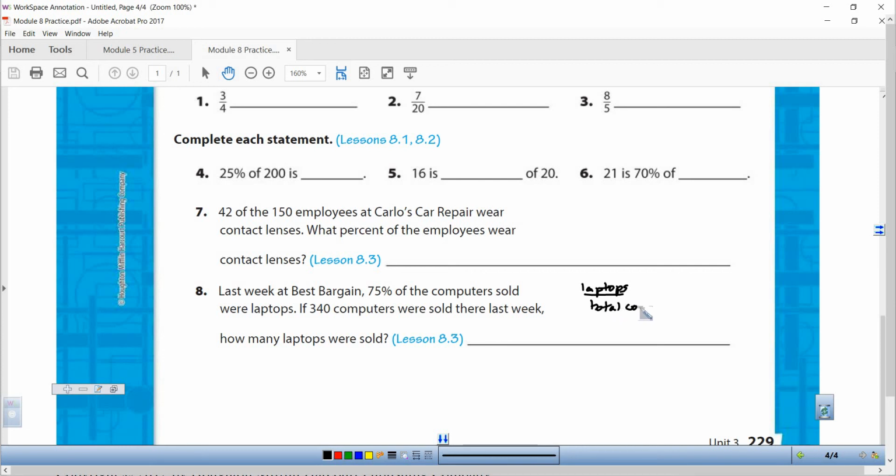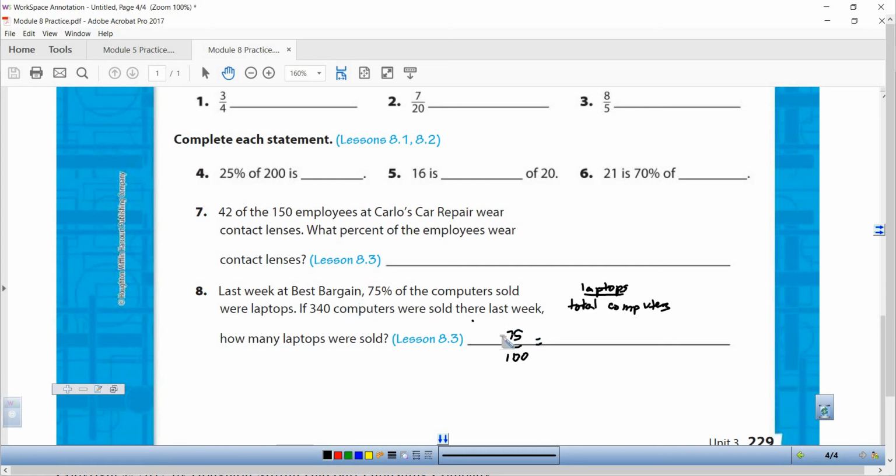That's what we're working with. Laptops over total computers, that's our part over our whole. So 75% were laptops, so 75 out of 100 were laptops.